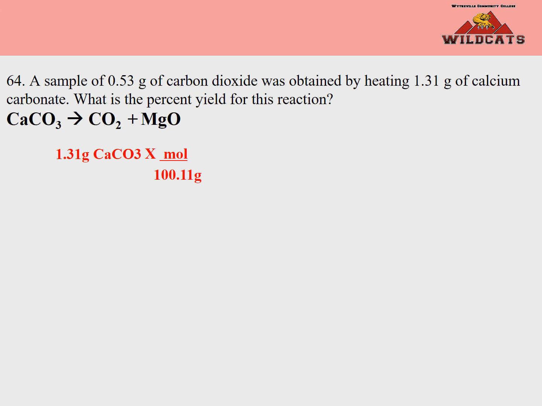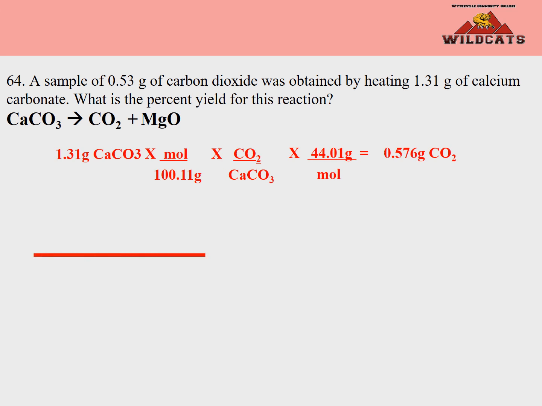So I'm going to take 1.31 grams of calcium carbonate, get rid of the grams by dividing by the molar mass of calcium carbonate, which is 100.11. Put calcium carbonate on the bottom because I'm looking for CO2. Mass of CO2 is 44.01. And I end up with 0.576 grams of CO2.